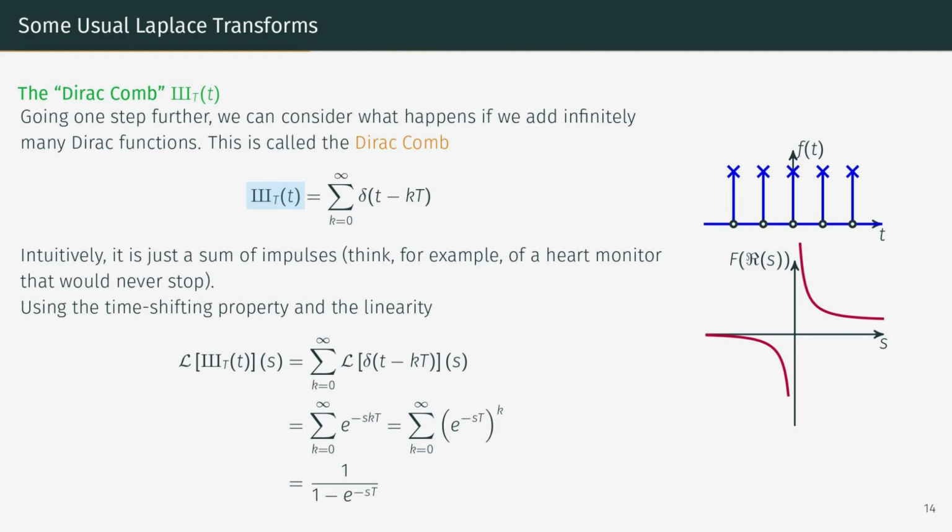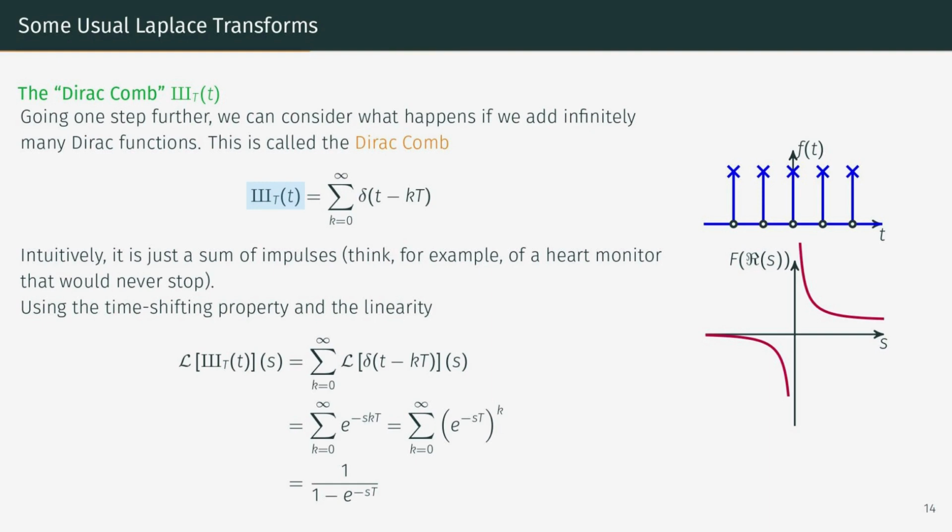Since the Dirac comb is the addition of infinitely many Dirac functions, we can see that the comb is equal to the sum from k equals 0 to infinity of the delta of t minus kT. Intuitively, it is just a sum of impulses. So an example might be a heart monitor that would just never stop.